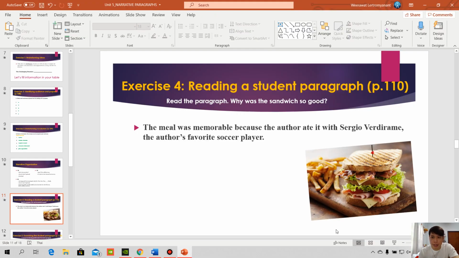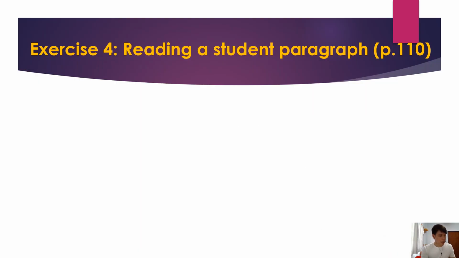Next, do you go to page 110? You have to read a student paragraph. This paragraph was written by a student, and now you have to read it and answer the question. But first of all I want you to scan for the answer: why was the sandwich so good?